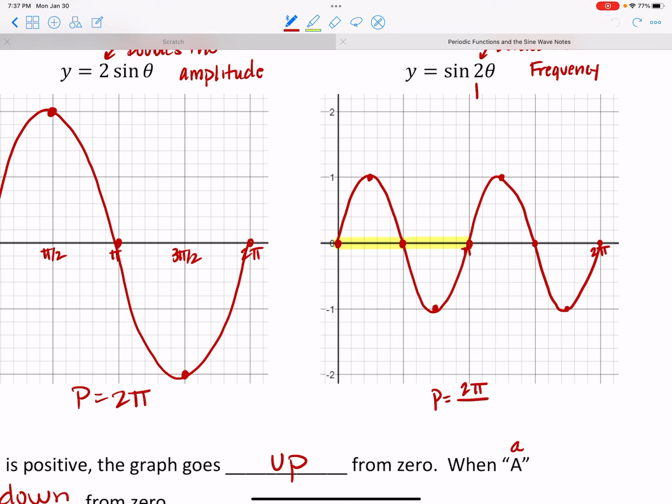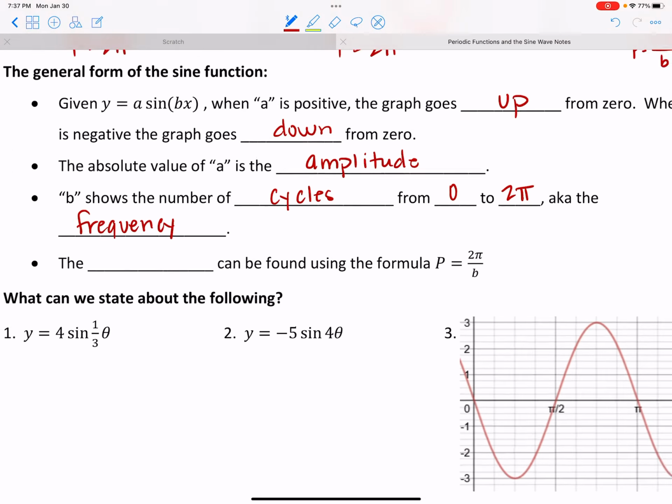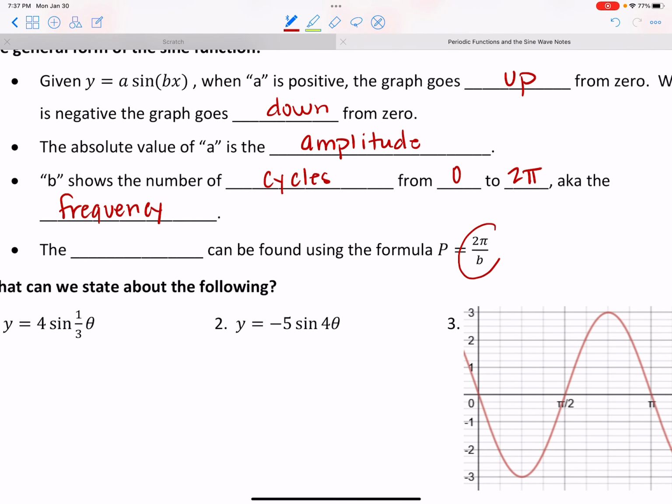So if I divide by b, in this case 2 pi divided by 2, I can see that one cycle is going to happen in pi radians. So in general, to find the period, I take the standard 2 pi and divide it by b, because b tells us the frequency, how many cycles we've got to fit into that 0 to 2 pi. So the period, that's the length it takes for one cycle, is 2 pi divided by b every time.